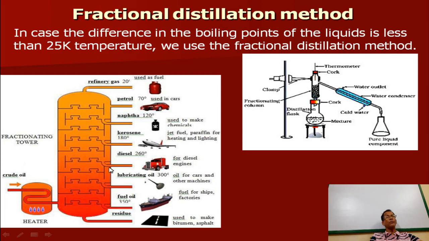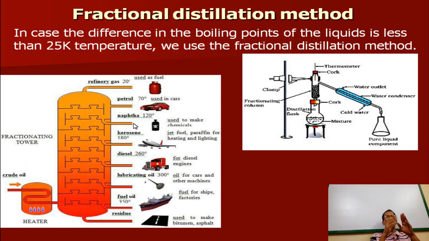Their boiling points have very little difference. When the boiling point difference is very small, then they will be separated by fractional distillation. But when the boiling point difference is much more, then they can be separated by distillation. So this is the difference between distillation and fractional distillation.